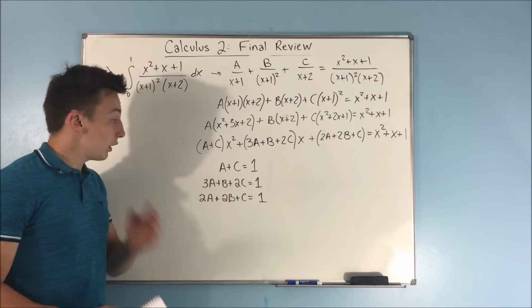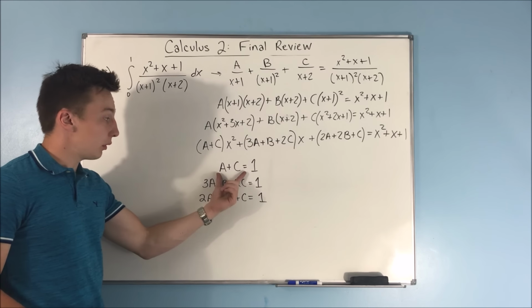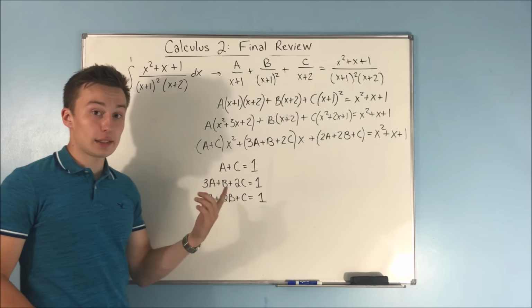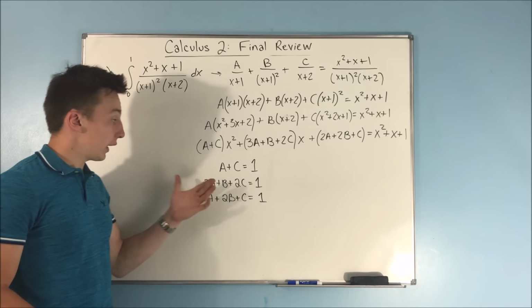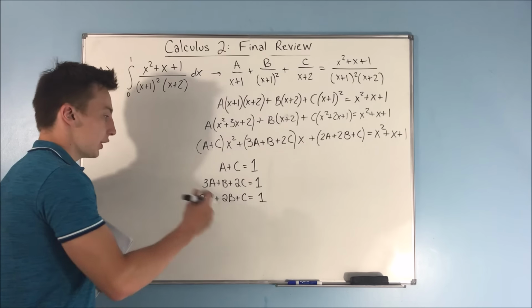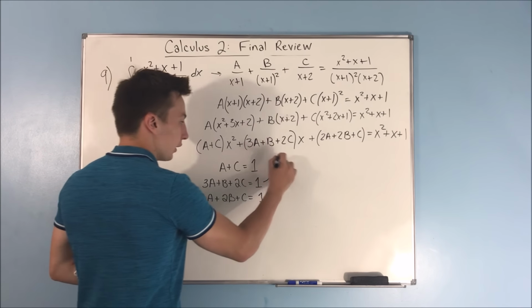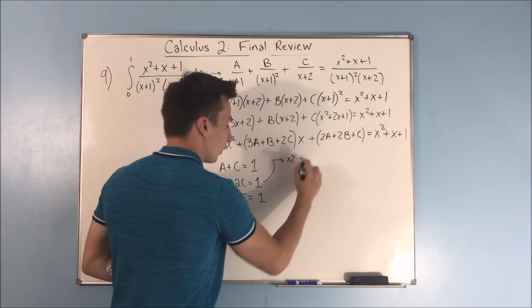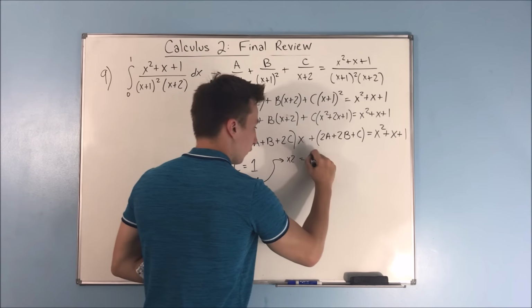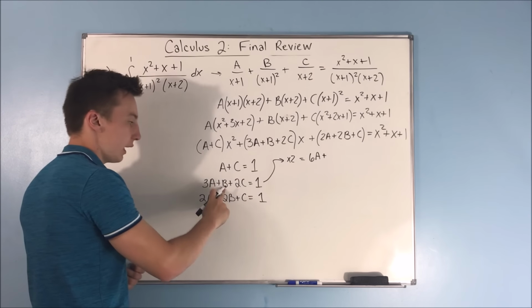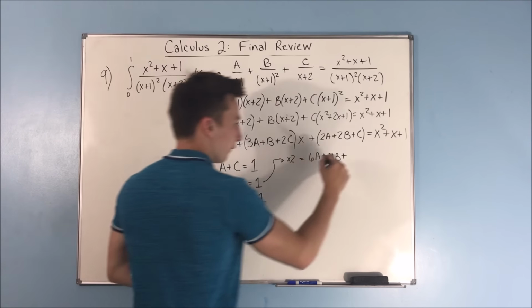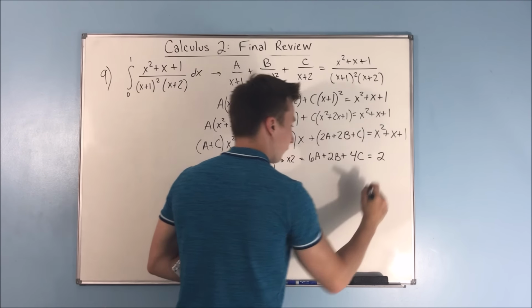So now what we can do here, since we already have a system of equations, we can use these two equations and cancel out the B's to formulate another equation with just A's and C's. So let's do that. If we take this equation and multiply by 2, we'll get 6A plus 2B plus 4C is going to equal 2.